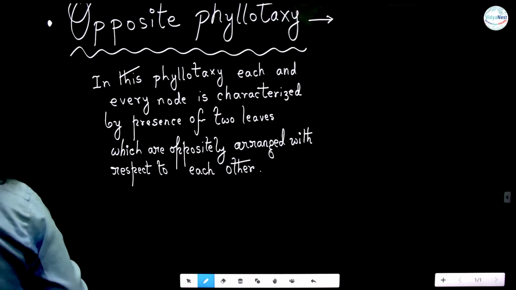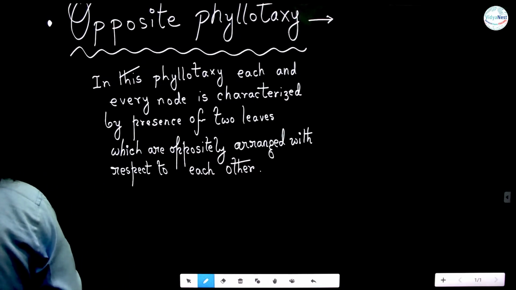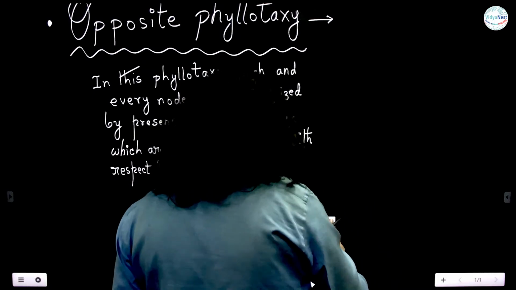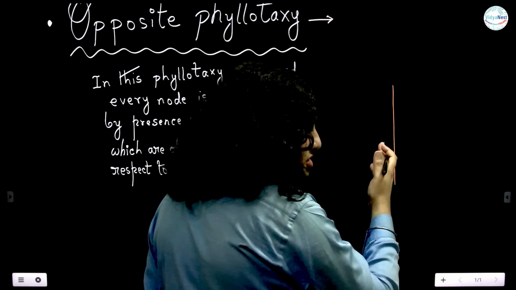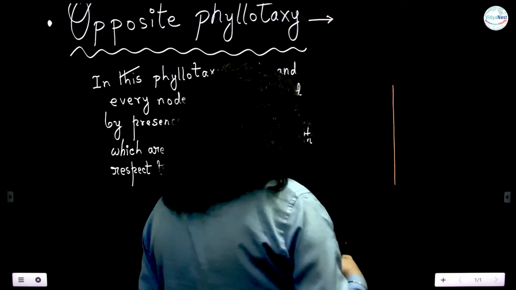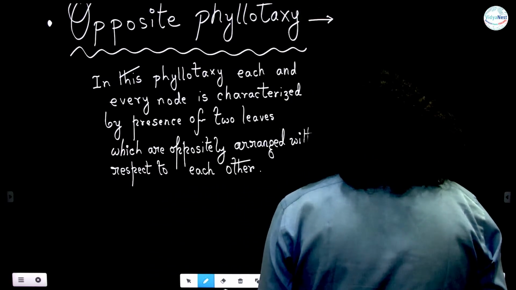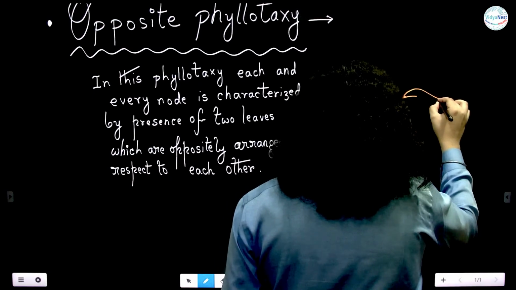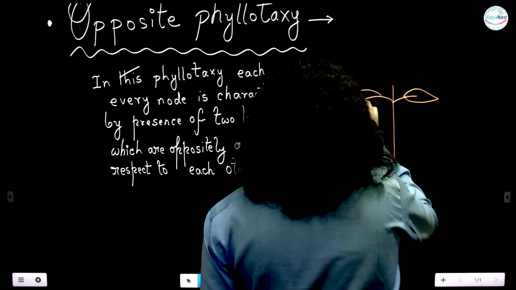Two types of opposite phyllotaxy are noticed. When we are talking about this opposite phyllotaxy, we can take a diagram to have a better understanding. Suppose this is the main axis of the stem or its branches. Nodes are present on either the stem or its branches, and how do the leaves look in case of opposite phyllotaxy?